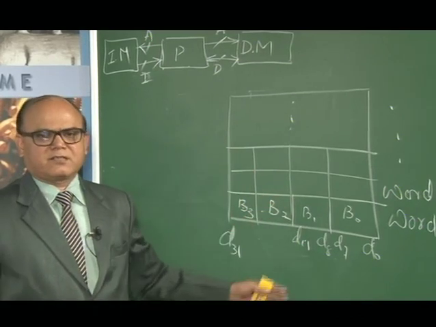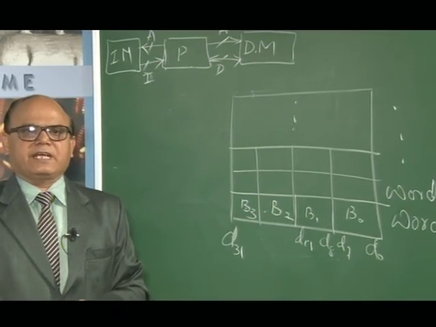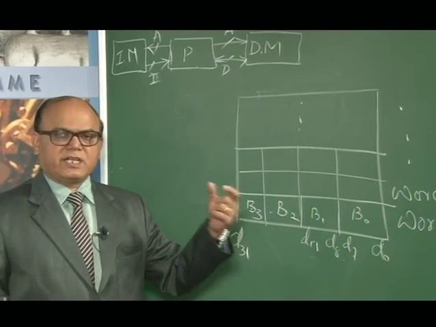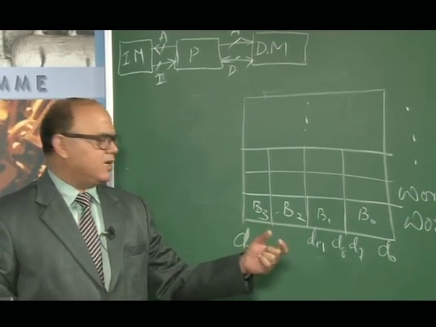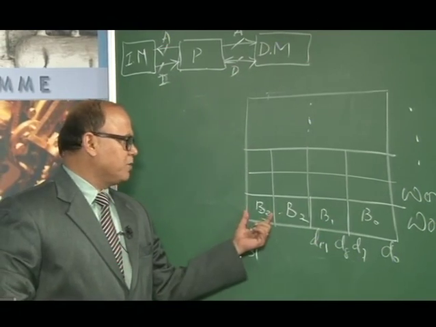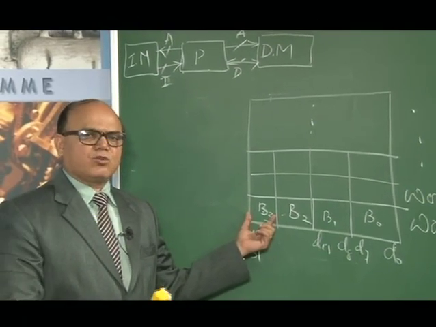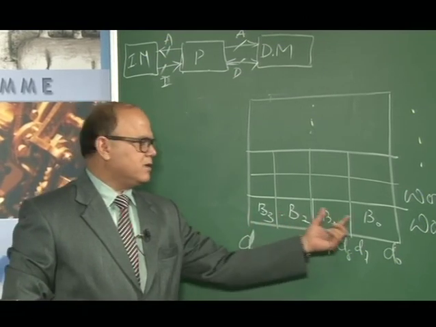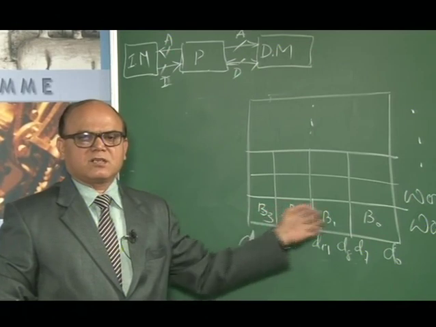memory looks like. Whereas in the case of Big Endian, the least significant byte of the data will occupy B3, and the next higher byte will occupy B2, and it goes the reverse way. This is what Big Endian is.